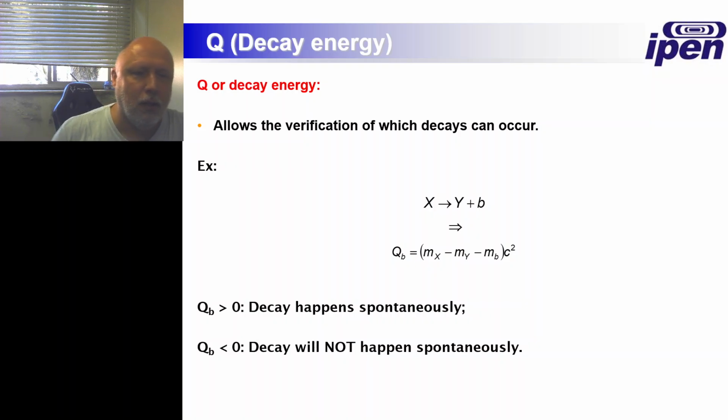This means that if you study every possible decay from this nucleus, for every one of those, Q is smaller than 0. This means that nucleus has no way of decaying. That's why we say it's theoretically stable.